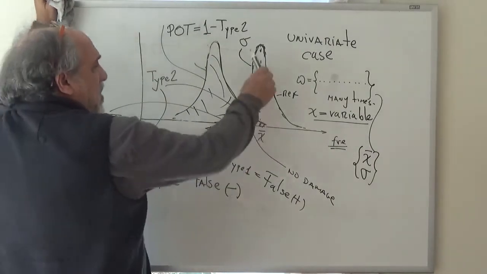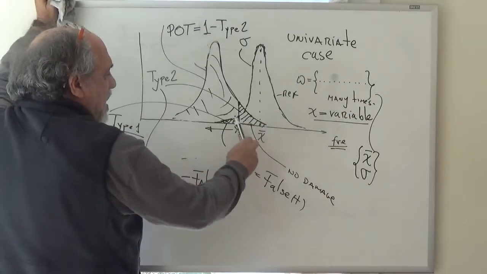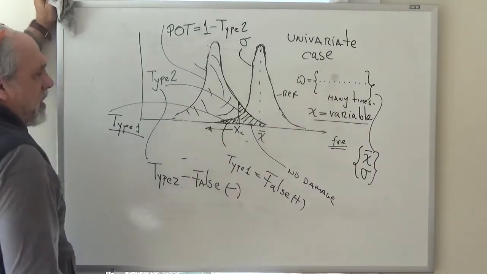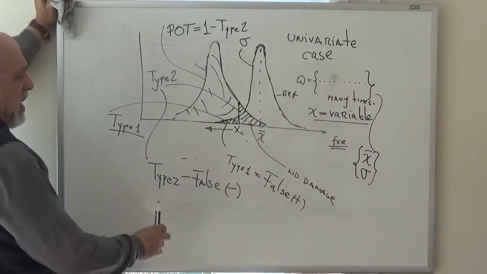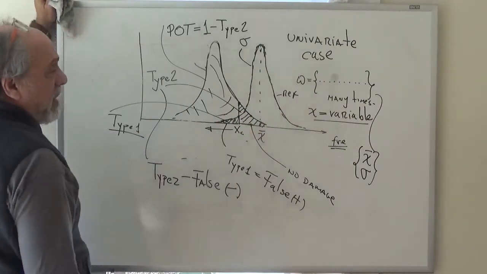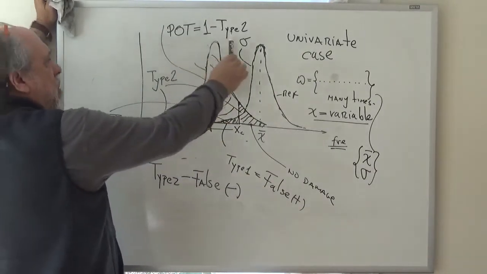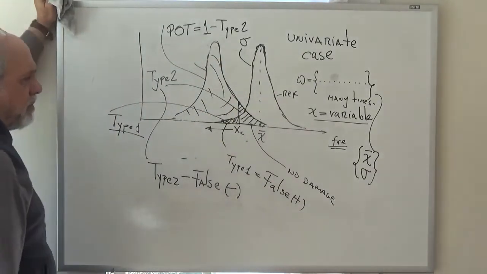Because we still think that we are in the first distribution. And so that area that shows up over there is what we call the type 2. And it is therefore a false negative. We say no problem, and in fact there was damage. The power of the test is what's left of the distribution, and it's 1 minus the type 2. Okay?